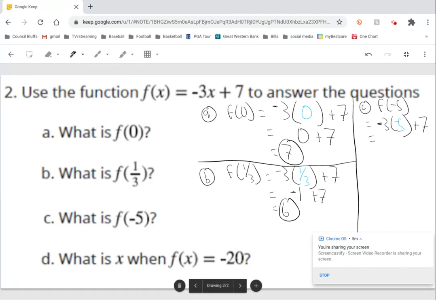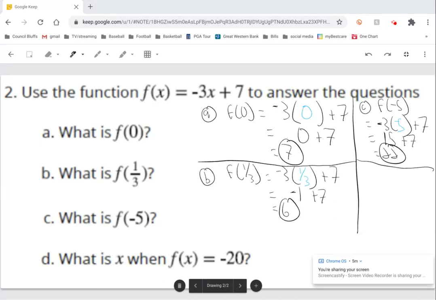So negative 3 times negative 5, negative times a negative, that's a positive 15. Plus 7 is 22. So part C, the answer is 22.